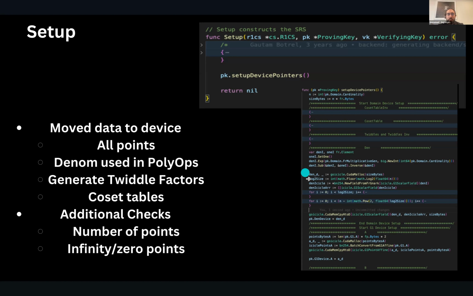Do you see here this function named go dot CUDA mem to device?